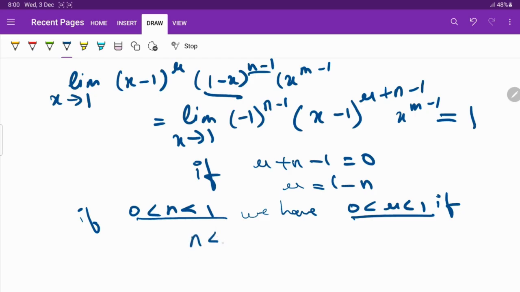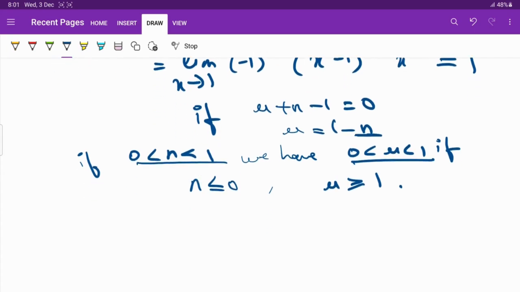Now if my n is less than or equal to 0, again the same thing, my mu is going to be greater than or equal to 1, because you can see n has a negative sign on it, so whenever I put anything that is less than 0, it is going to be positive.